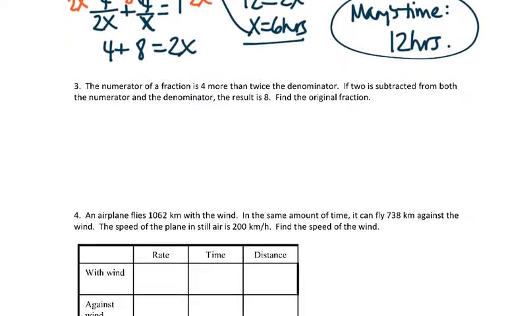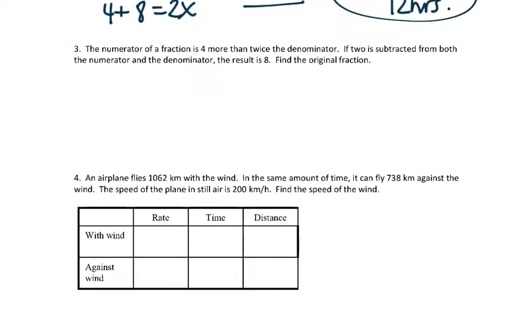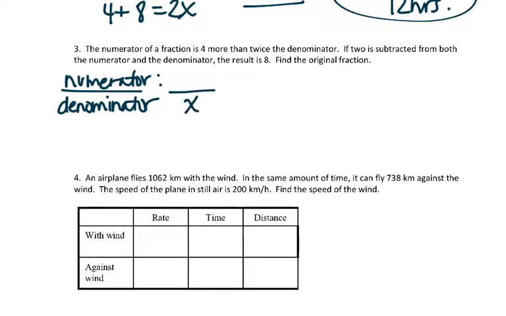This next one, number 3, is what I call a number problem. The numerator of a fraction is 4 more than twice the denominator. 4 more than twice the denominator. So if we make the denominator x, how can we represent the numerator? Right, 2x plus 4.